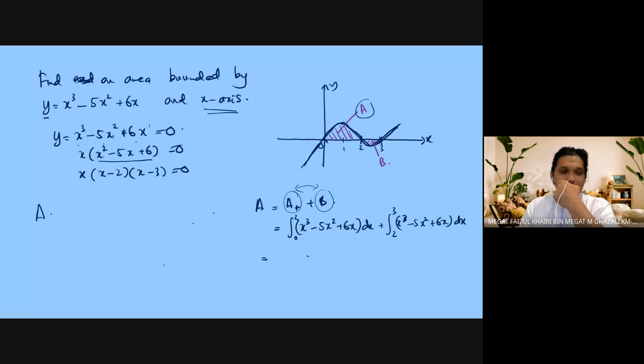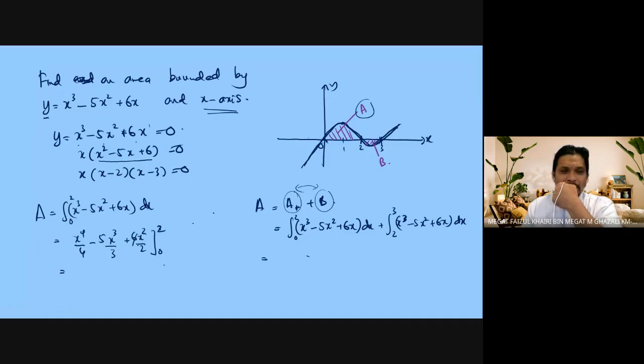Okay, the area of A, integral of x cubed minus 5x squared plus 6x dx from 0 until 2. And then x power 4 over 4 plus minus 5x cubed divided by 3, and then plus 6x squared over 2 from 0 until 2.